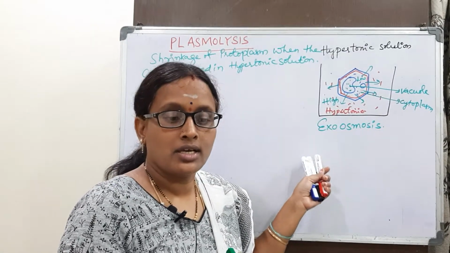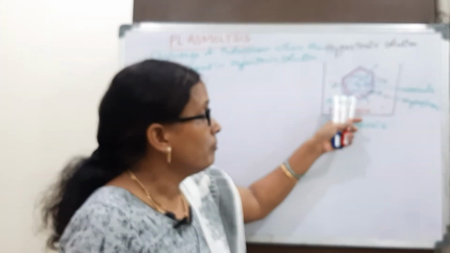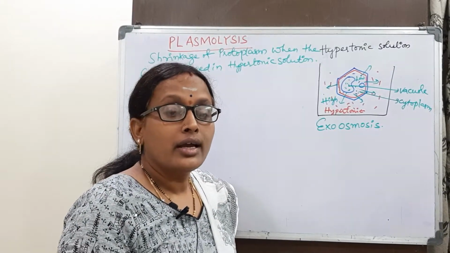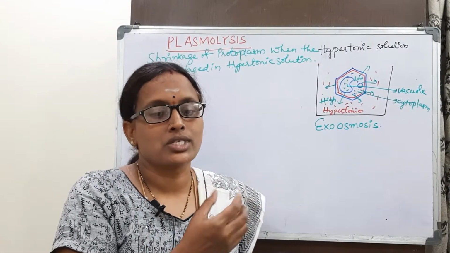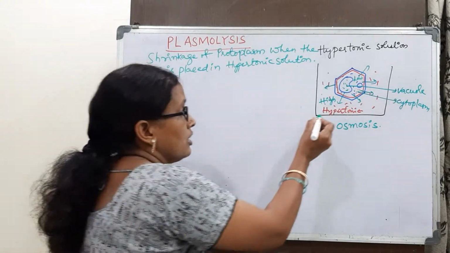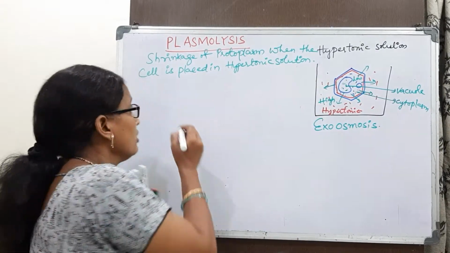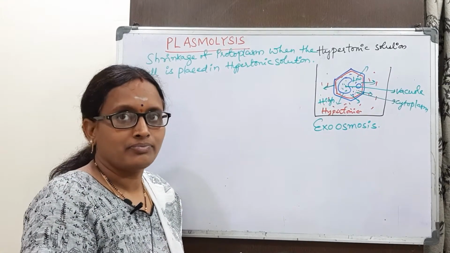Exoosmosis takes place. So what is exoosmosis? Water from inside the cell is coming outside. As a result, shrinkage takes place. So in this process, we are keeping the cell in the hypertonic solution. First, water diffuses from the cell.